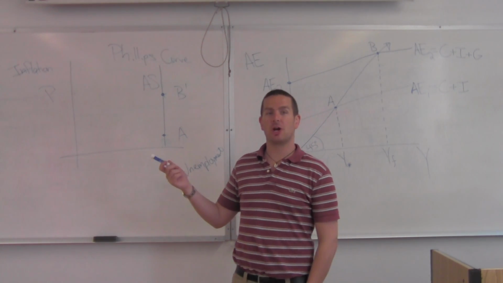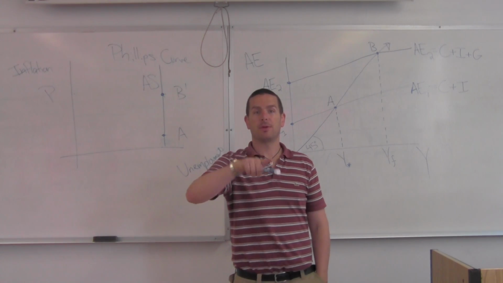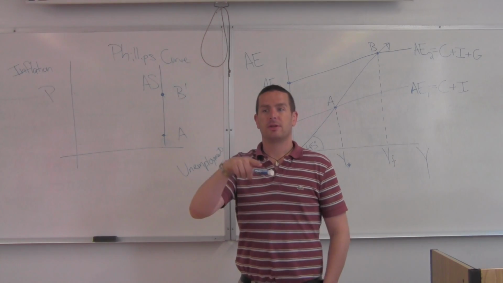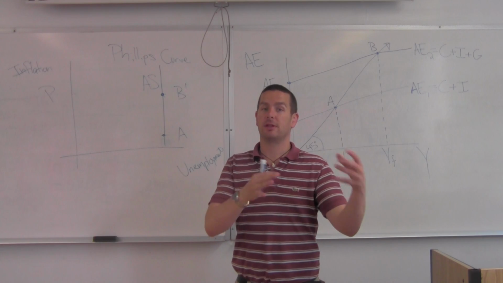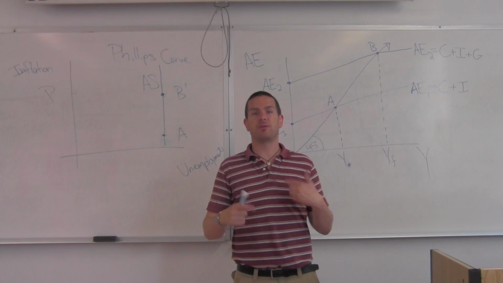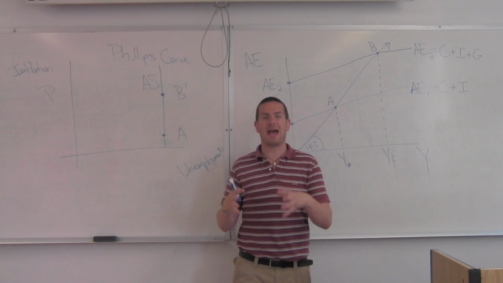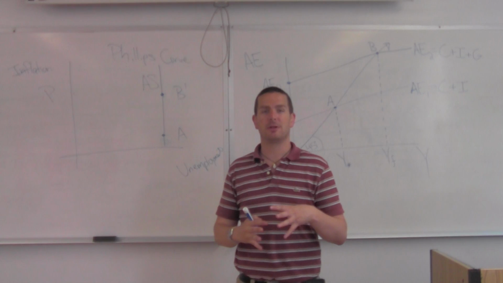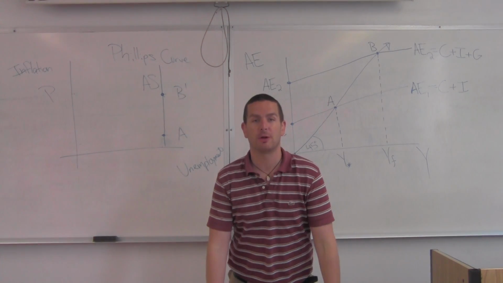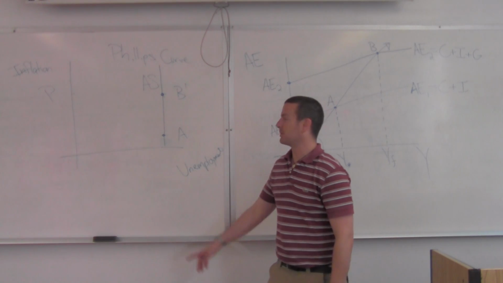If you try to push unemployment down, prices will go up. Once prices go up, those people who got jobs, they're actually going to get fired again. Okay? So in order to prevent rising prices, you need to have some group of people who are always unemployed. Okay? That's what the Phillips curve is saying.